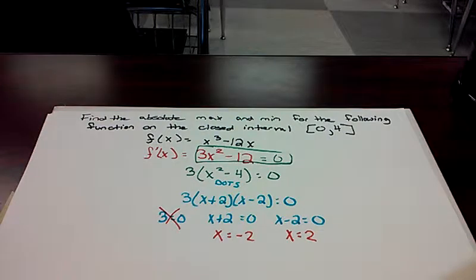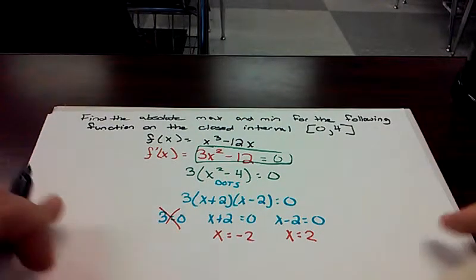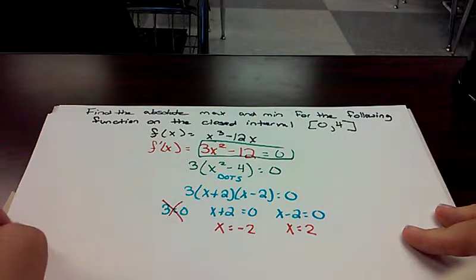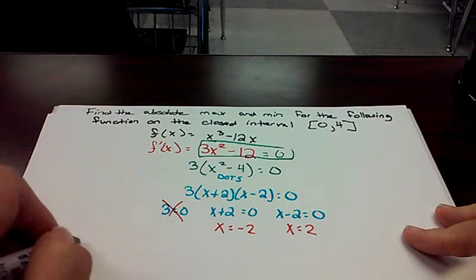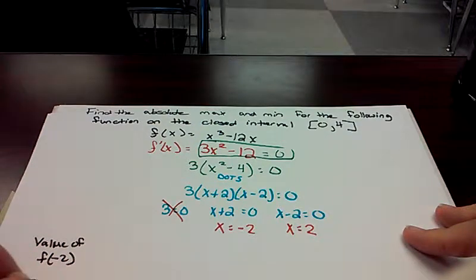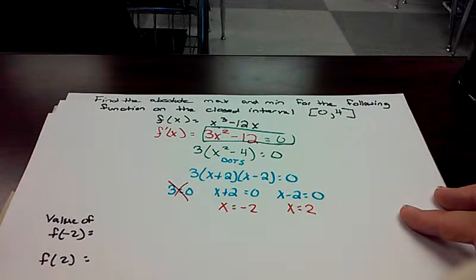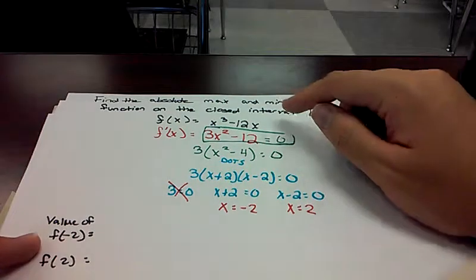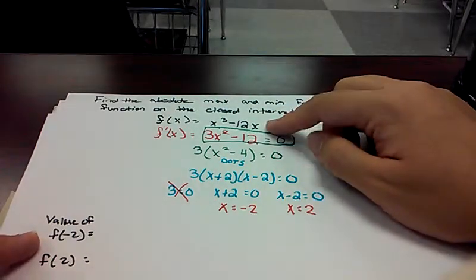Well, I need to find the value of those critical numbers. So I want to find the value of f of negative 2 and f of 2. Okay? All right, so let's find out what f of negative 2 is. Now, very crucial, guys, you don't plug it into the derivative, you plug it into the original function.